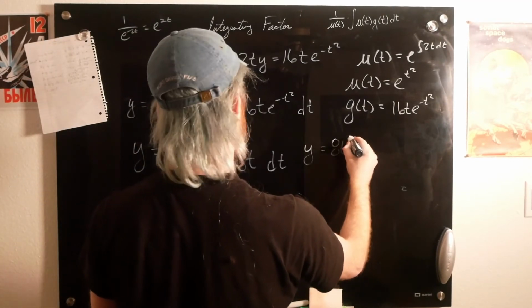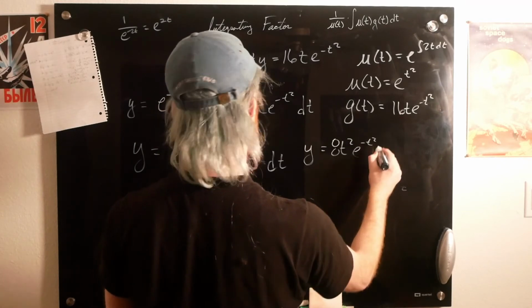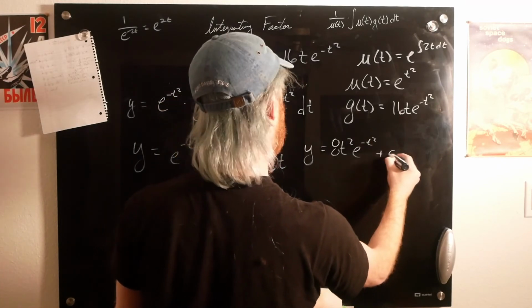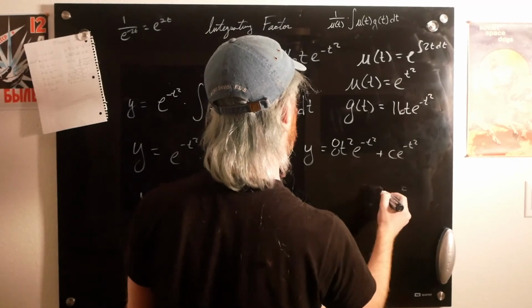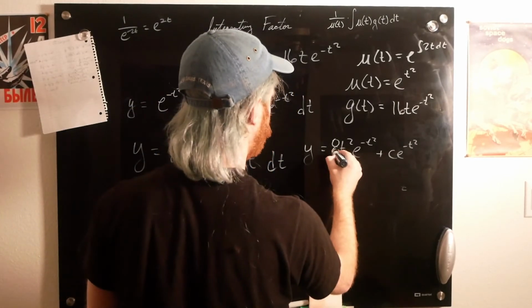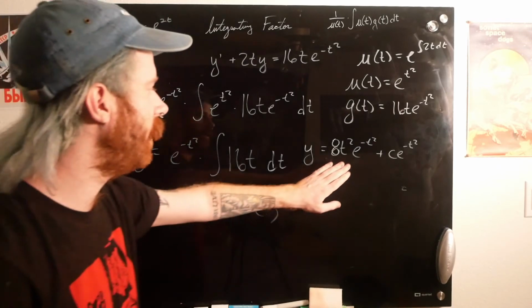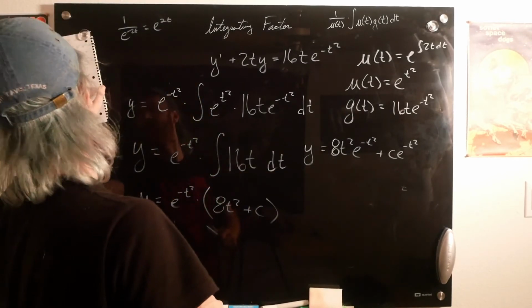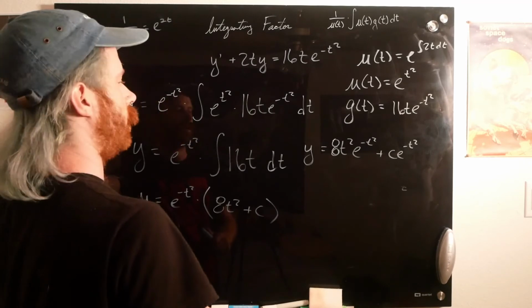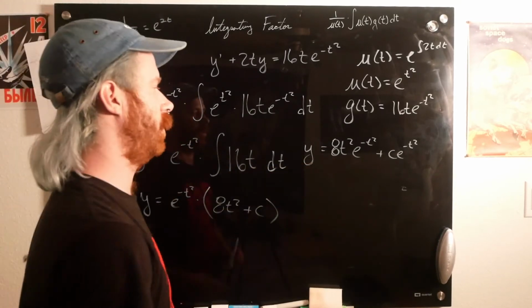So 8t squared e to the negative t squared plus c e to the negative t squared, right? So this is going to be your solution to the differential equation.